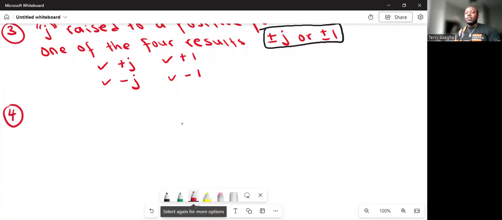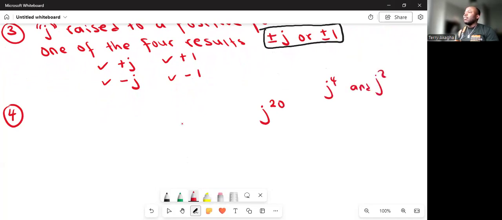When you're doing this, all powers should be expressed in terms of j^4 or j^2. So basically, to make it easier, if, for instance, I was given j raised to the power 20, I always try to break it into factors of j^4 and j^2.